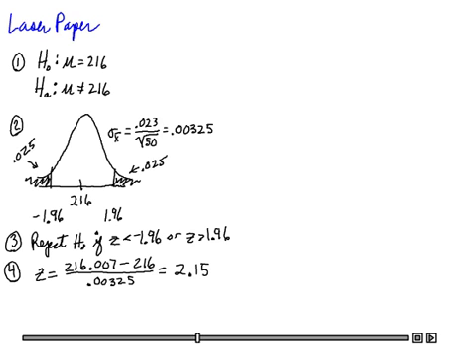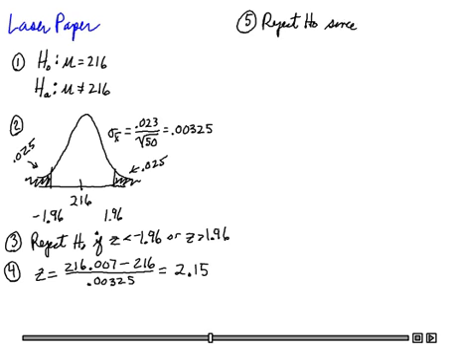And with our level of significance, we are far enough away from center to say with confidence that the null hypothesis is incorrect. So step 5, we're going to reject H sub 0.